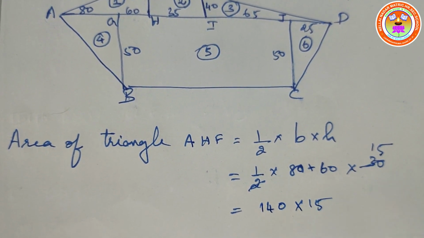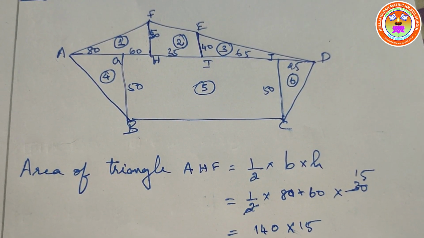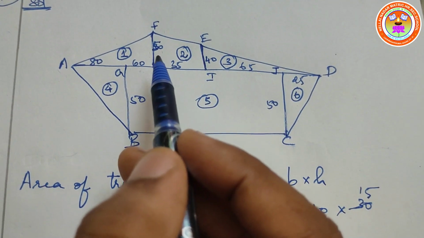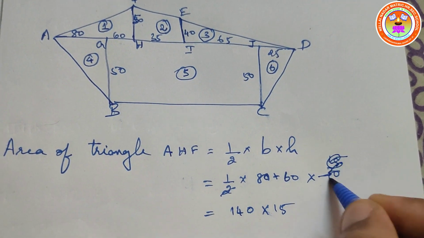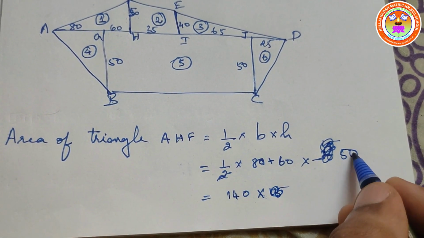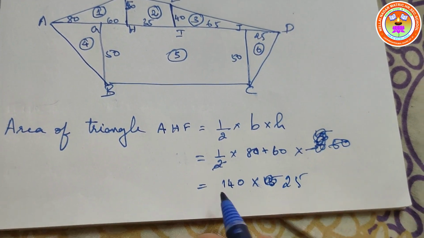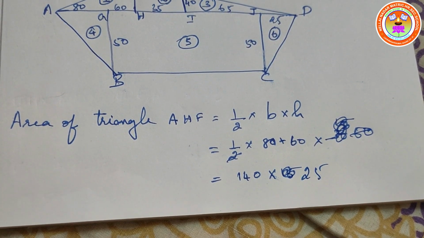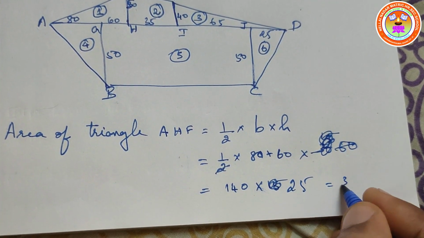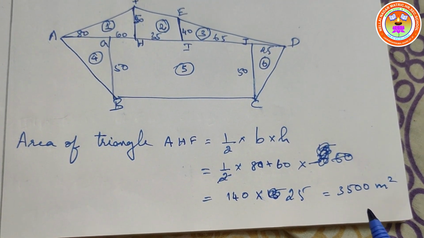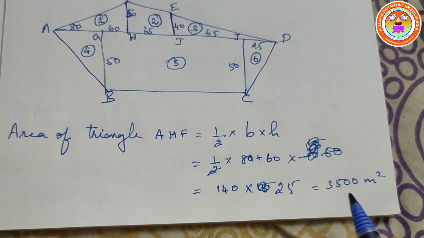Sorry, this is not 30, this is actually 50. Height is nothing but 50. If you cancel 2 into 50, you will get 25. So 140 into 25. What is 140 into 25? 3500. 3500 meter square. As I said earlier, these are all meters, so you have to put meter square.